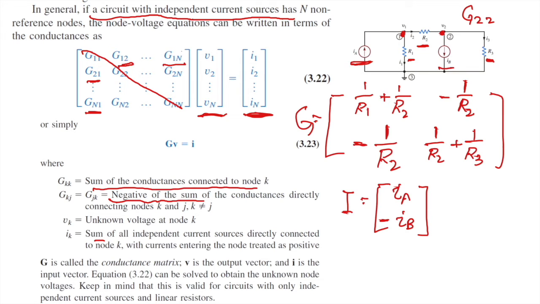So we have G, we have I. We can calculate the voltage, which equals the inverse of G times I. So we can obtain the value of the voltage of each node.